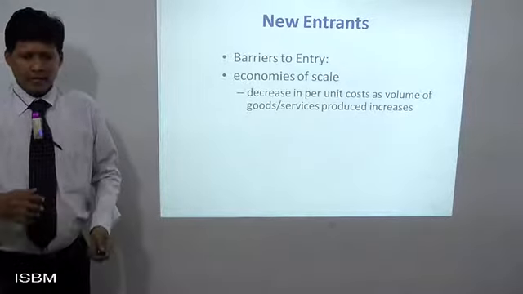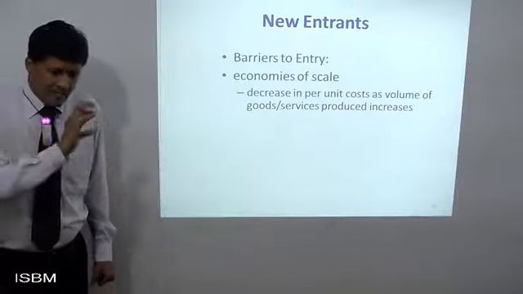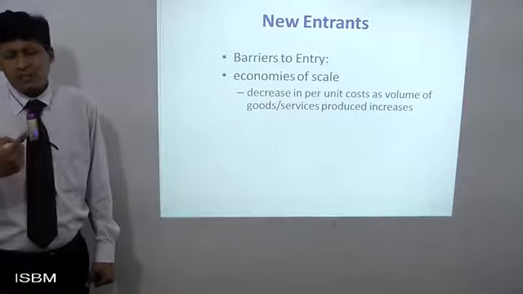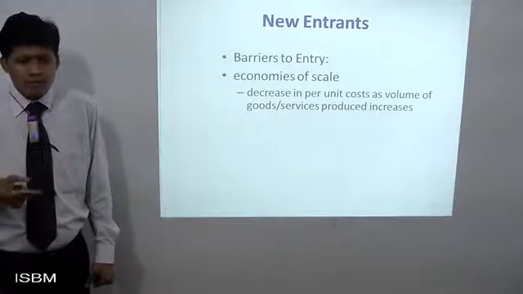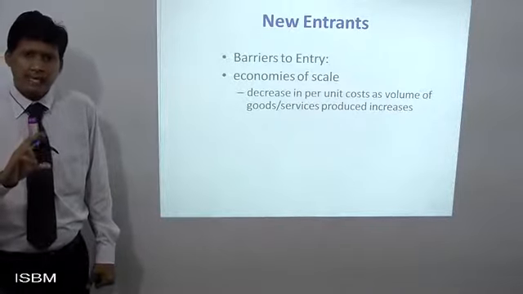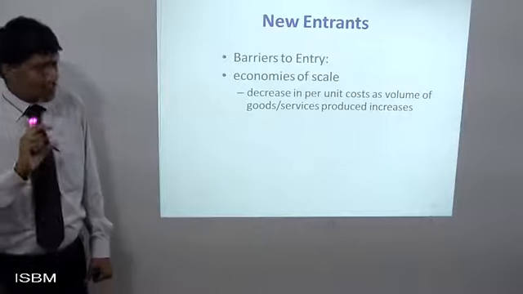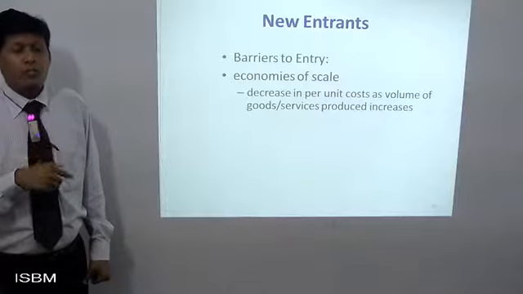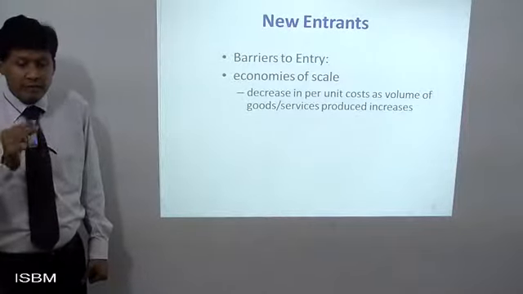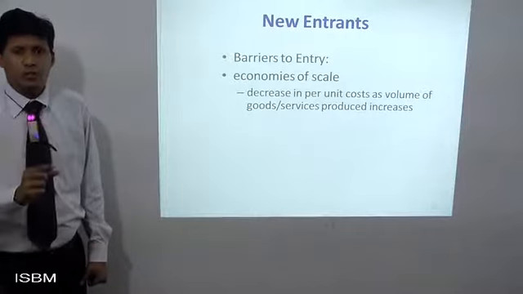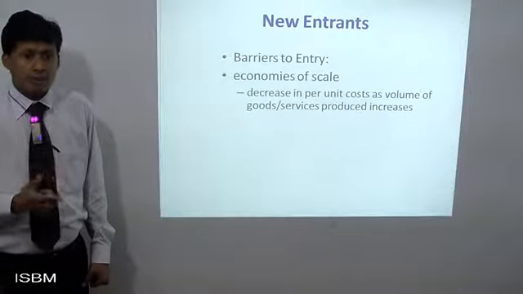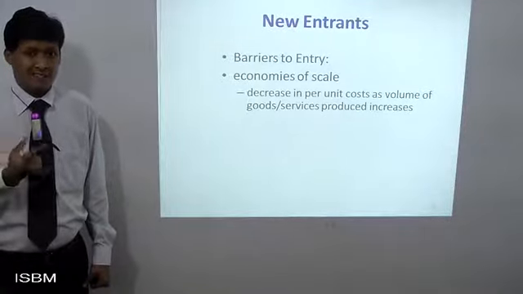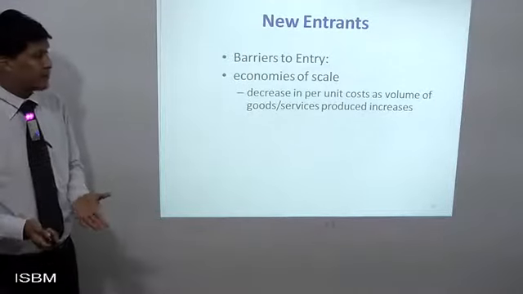Companies already existing in a business have gone through the learning curve, and with economies of scale going up, the more you produce, the lesser cost you incur. For a new entrant it becomes very difficult to give that per unit cost at the initial level, because the earlier companies have already gone through the learning curve faster and, with bigger economies of scale, can give a lesser price.